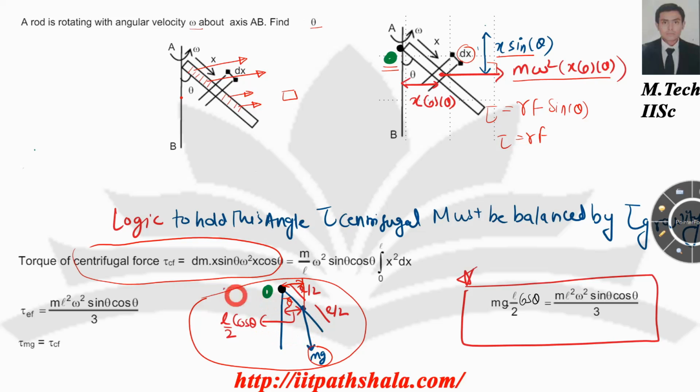Now you have to integrate from 0 to L to find the complete value of torque due to the centrifugal force. You can do it by yourself. Equate both expressions and you can get the value of theta from here. It will be something in terms of sine inverse.